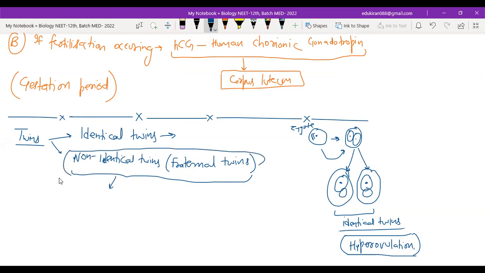Yes. Sir, in this case, is MTP allowed? MTP is not allowed legally except where the baby is damaged, either genetically or physically, or there is a chance that the mother cannot survive that pregnancy.